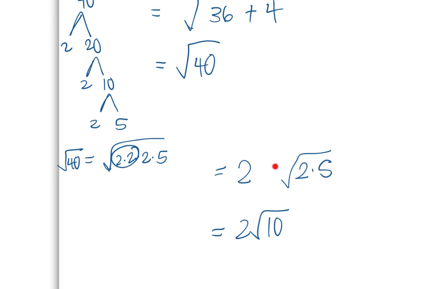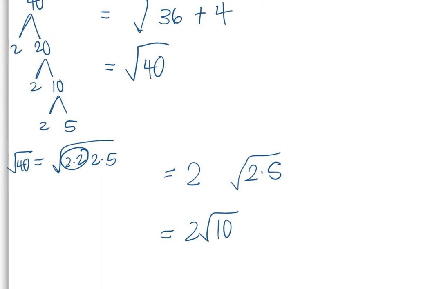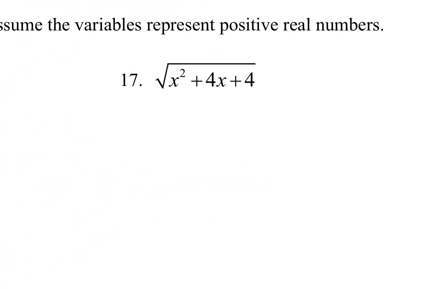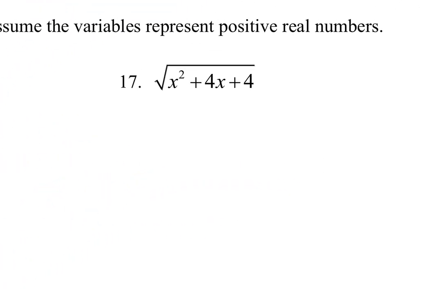And then on number 17, we can factor this trinomial. The factors of 4, the factors that multiply to give me 4, but add to give me 4. So factors of 4 are 1 times 4 and 2 times 2. 2 times 2 also adds to give me 4. 2 plus 2 also adds to give me 4. So I can write this as x plus 2 times x plus 2.